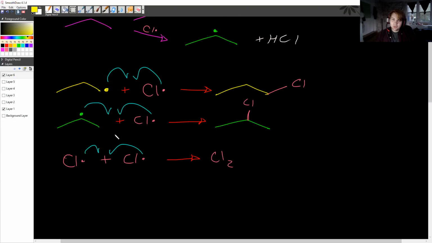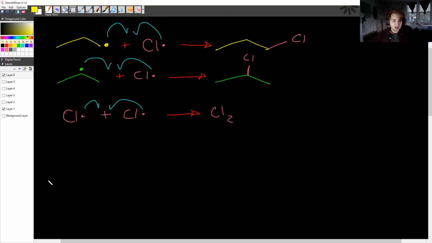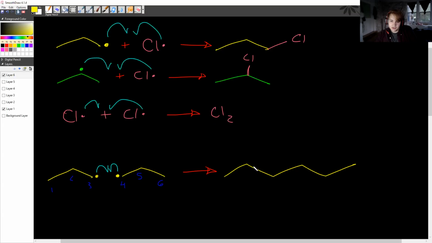But the issue with radical halogenation and why we don't tend to use it a lot is that sometimes we can just get the alkane groups to match up. And so now what's happening is that we're adding together 1, 2, 3, 4, 5, 6 carbons together, and we end up with a hexane. 1, 2, 3, 4, 5, 6.